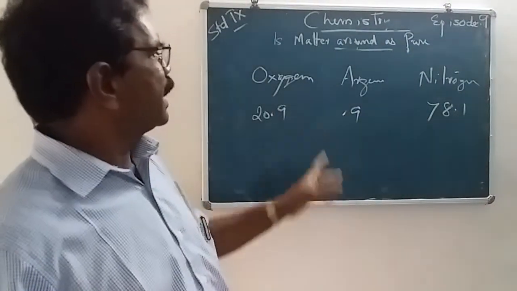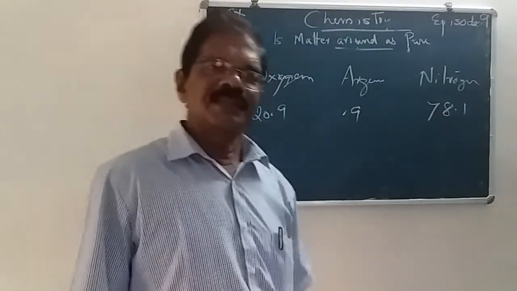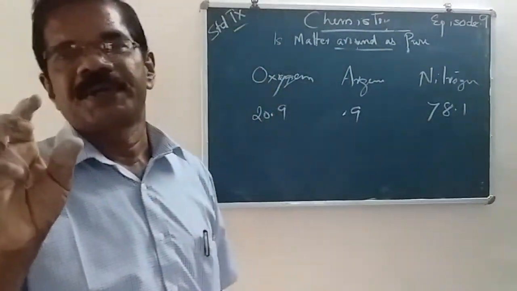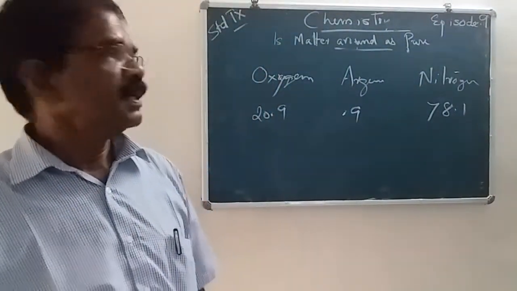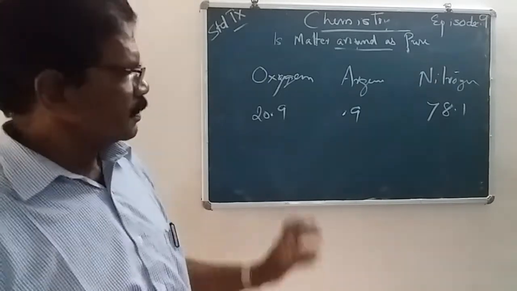The main components are oxygen, argon, and nitrogen. Then there is a minute quantity of hydrogen, and inert gases except argon are also present.